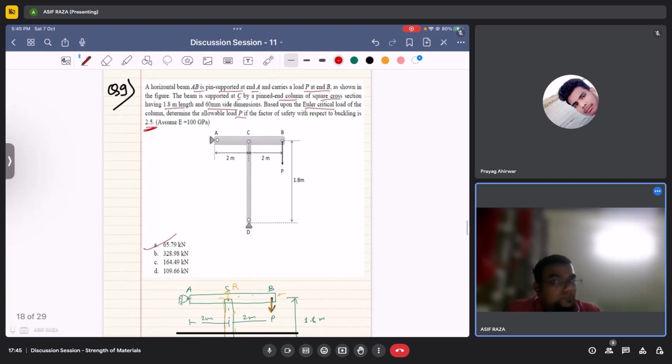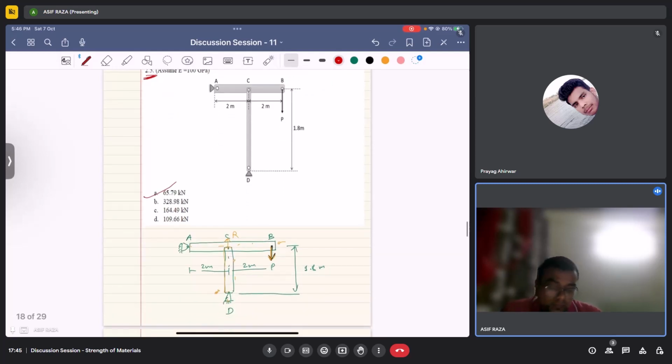Look carefully at this question. This question is quite important for the current assignment. The horizontal beam AB is pin supported at one end and carries a load P at end B. As this load P is applied, there would be a resistive load at point C from the column CD, acting as a compressive load for the column CD, which at a certain point will make the column CD buckle.